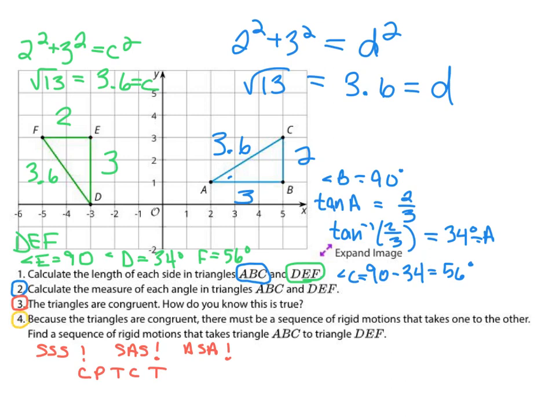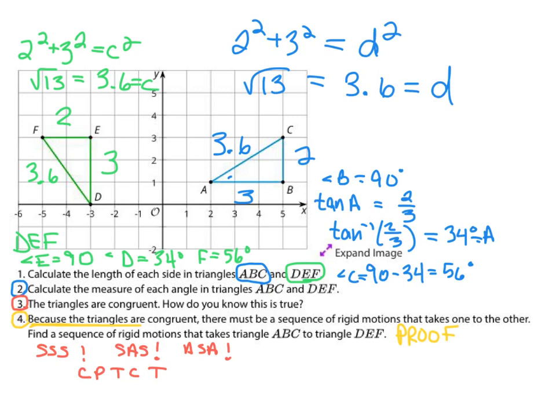And then part 4. Because the triangles are congruent, there must be a sequence of rigid motions that takes one to the other. Find a sequence of rigid motions that takes triangle ABC to triangle DEF. This number 4 here is what we used for proof when we were doing congruent triangles.